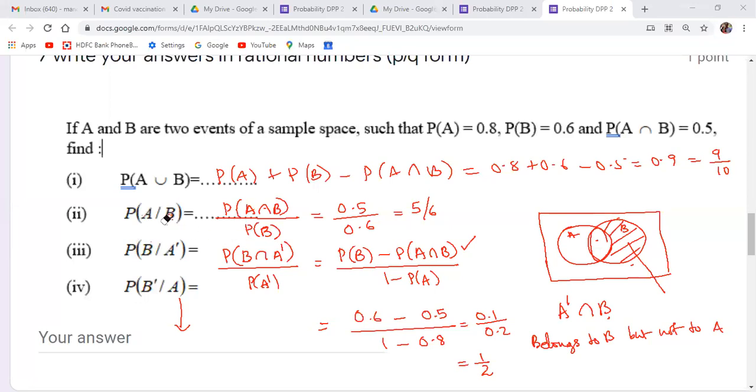So the formula for A given B is P of A intersection B upon P of B, substitute directly. In this also, P of B intersection A complement divided by P of A dash. This region is B. This is the explanation for this formula.